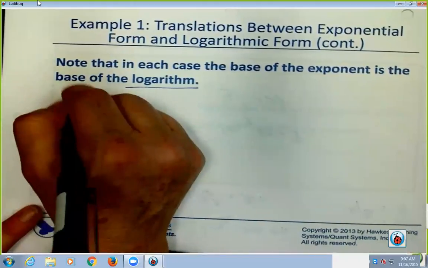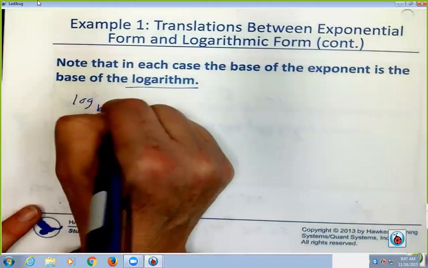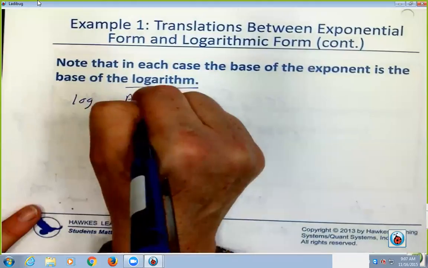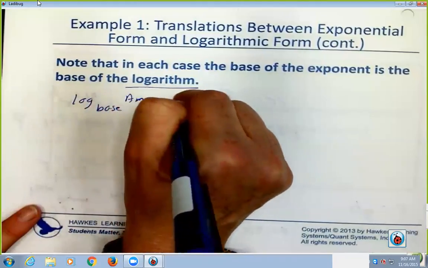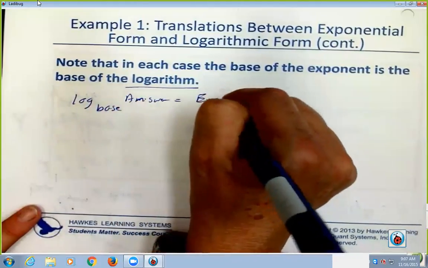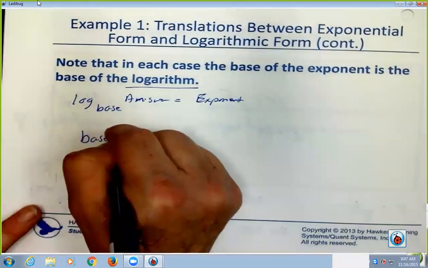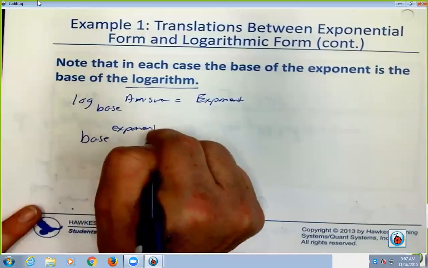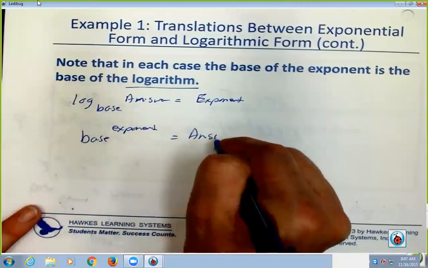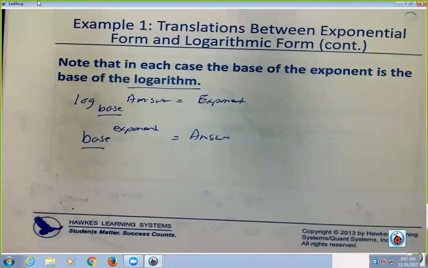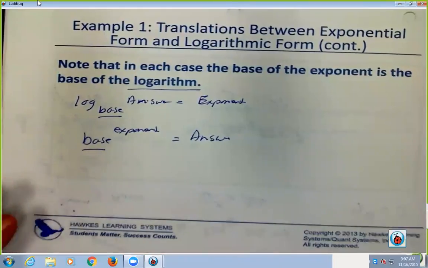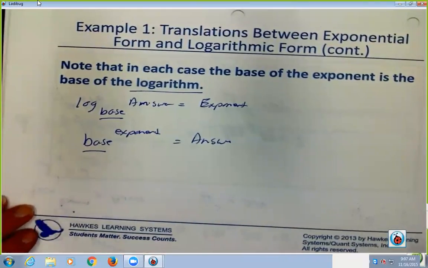So if you have log base answer equals exponent, or you have base exponent equals answer, every one of these, you've got your base in there, okay? Your base is that value. So your base is right here with all of them, okay?